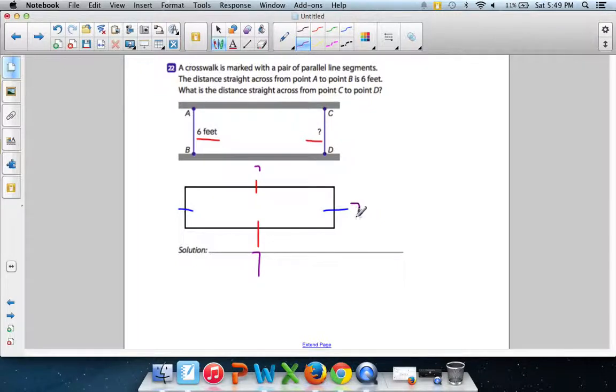Maybe 2 each. The important thing is that they're the same. So if you know that those parallel lines are the same, you've got 6 feet here. What should you have over there? They're supposed to be the same. 6 feet there means 6 feet on the opposite side.